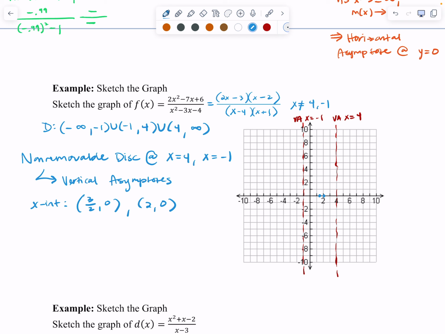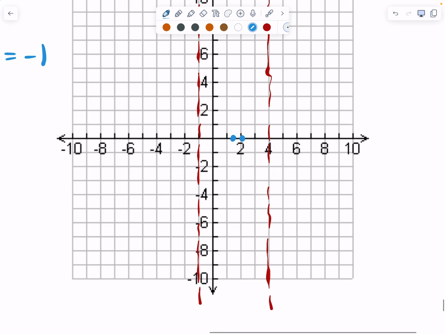What's the y-intercept? 0, comma, negative 3 over 2. Good. So actually, that's really helpful. That's an important puzzle piece, isn't it? Because the graph can't cross through the x-axis again.